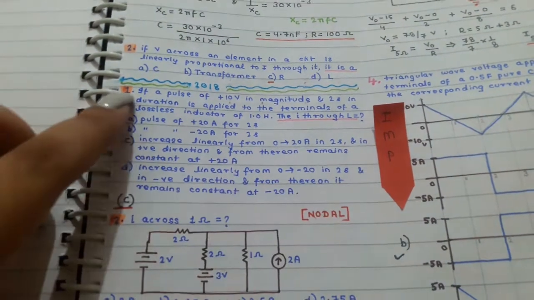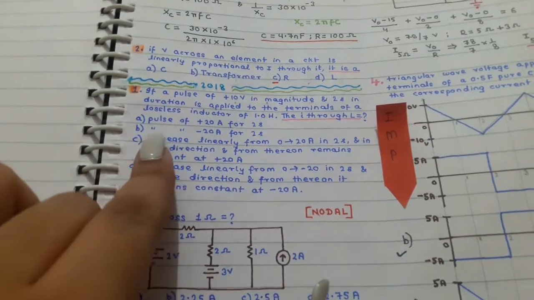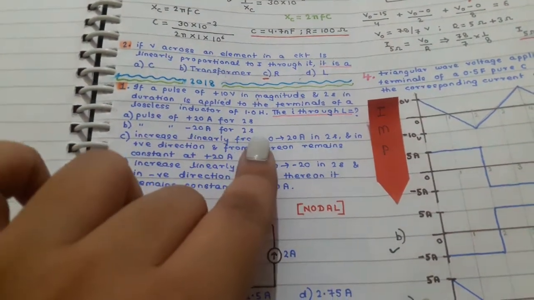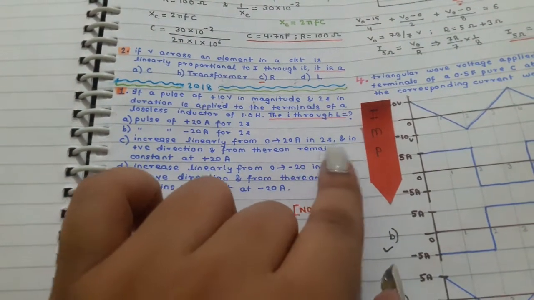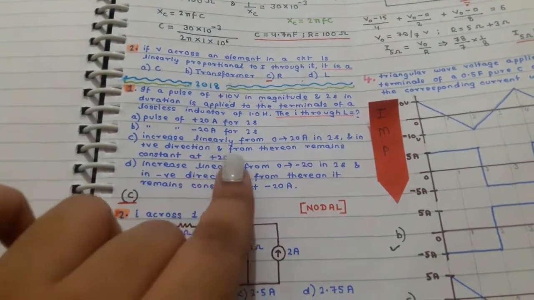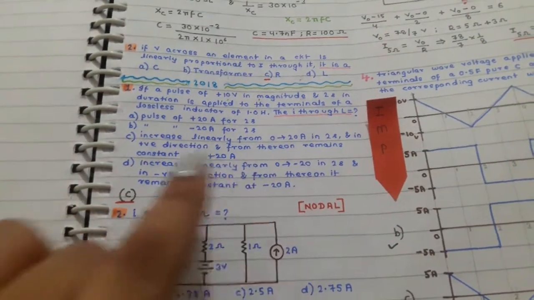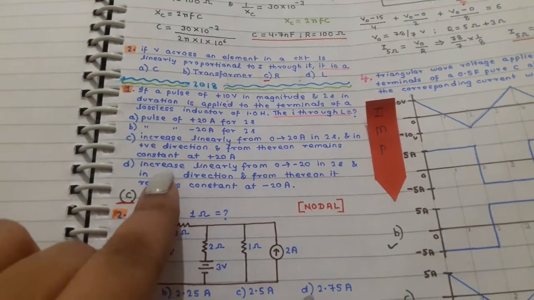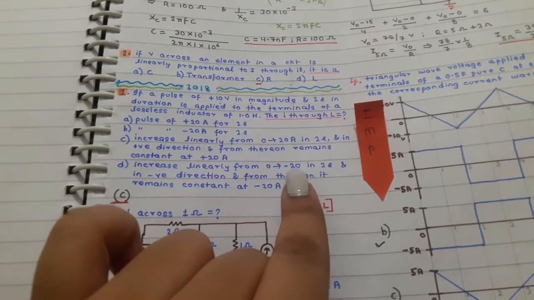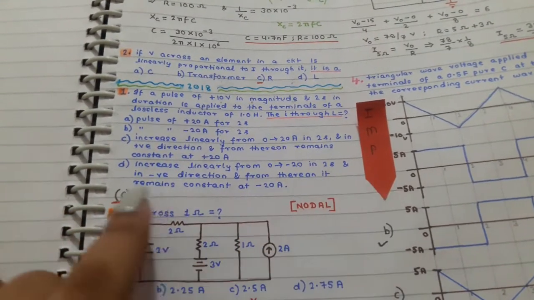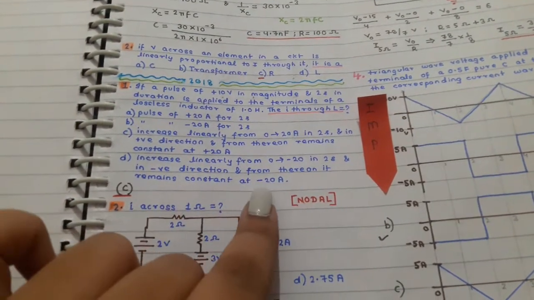The options are: pulse of 20 ampere for 2 seconds; pulse of minus 20 ampere for 2 seconds; increase linearly from 0 to 20 ampere in 2 seconds in positive direction, and from there on remains constant at plus 20 ampere; and increase linearly from 0 to minus 20 ampere in 2 seconds in negative direction, and from there on remains constant at minus 20 ampere.